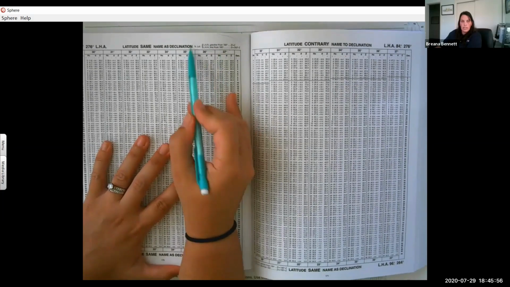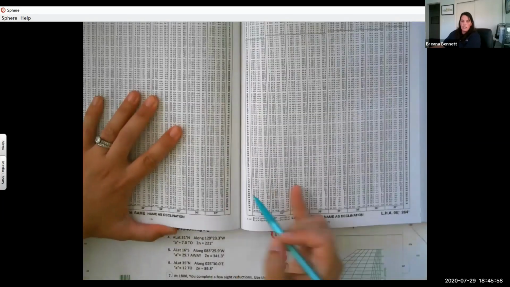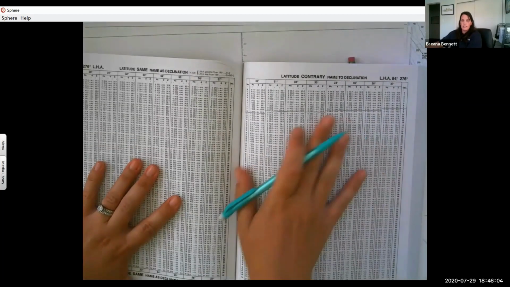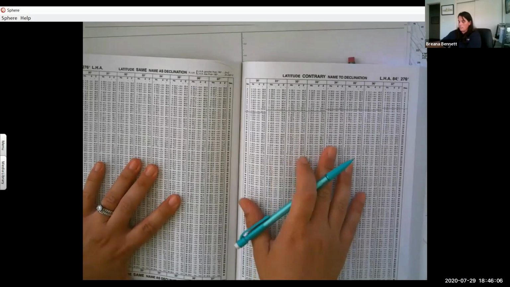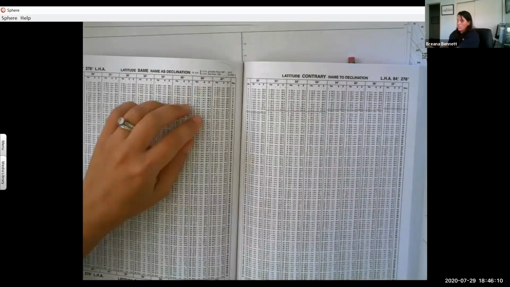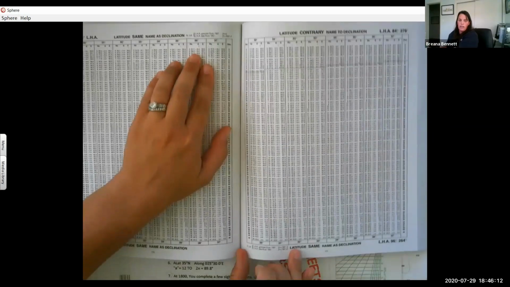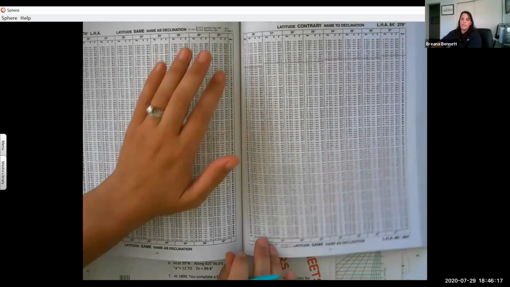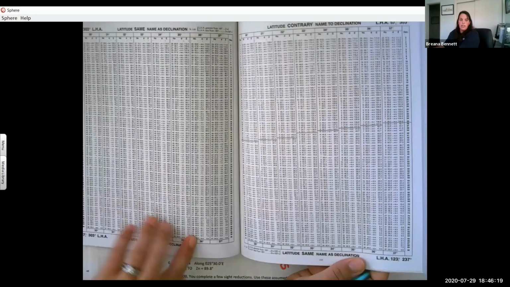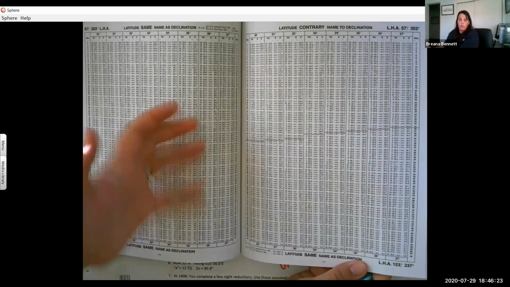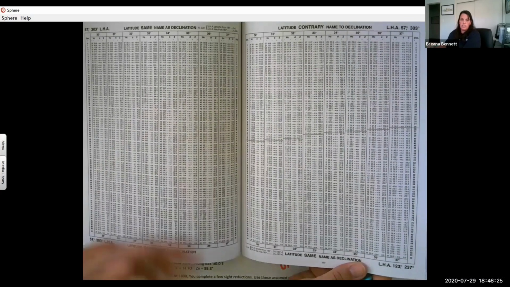You have the north latitude here and the south latitude here. Even if you're on this page, you can still do north latitude. The page doesn't have anything to do with where those little formulas are. It's just if you're in north latitude or south latitude, and it's the same formula on every single page. They just repeat it for you, so it's easier to calculate.